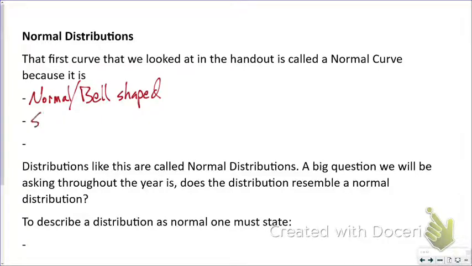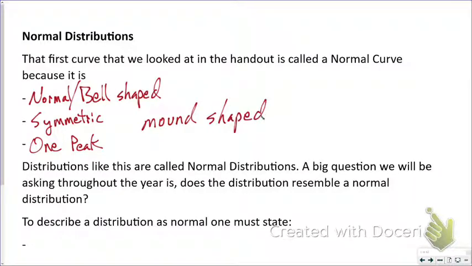It is symmetric, and it has one peak. All right? Now that's why we called that one on the very front of this thing normal, because it has one peak, it's symmetric. Another word we could use is mound-shaped.